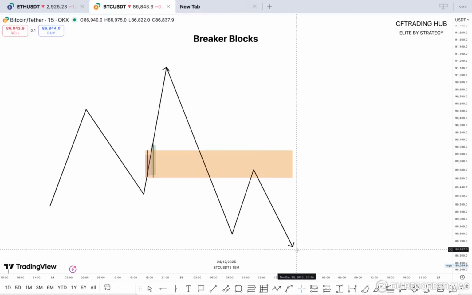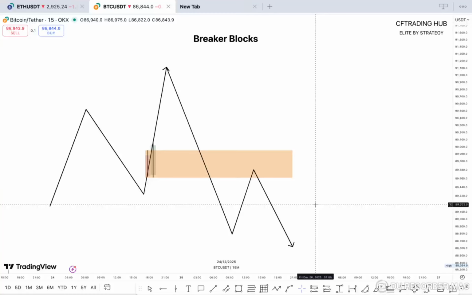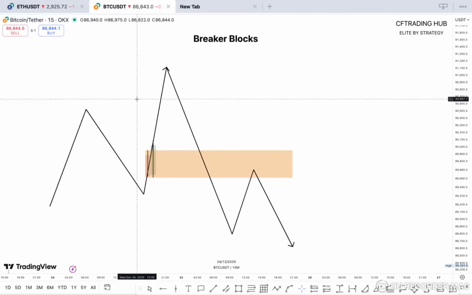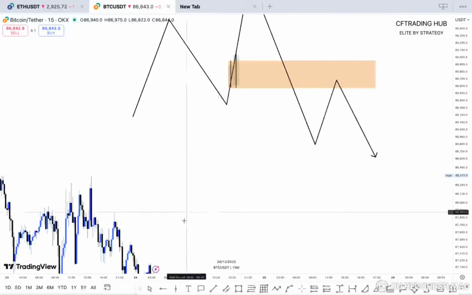So that is just it about breaker blocks. Just the opposite side of it when you are looking for the opposite trend. So let's go for some examples over here.